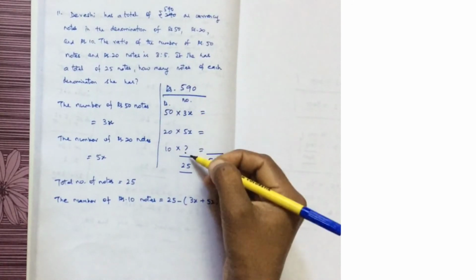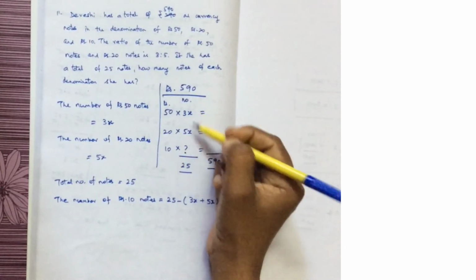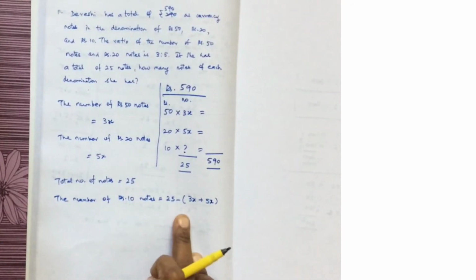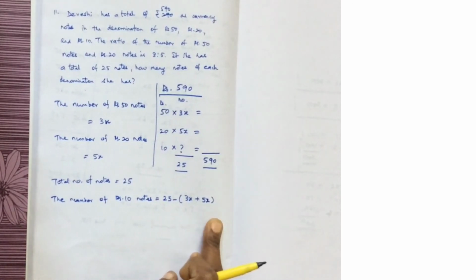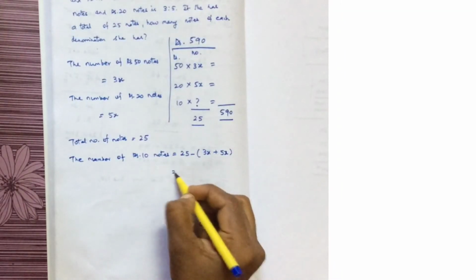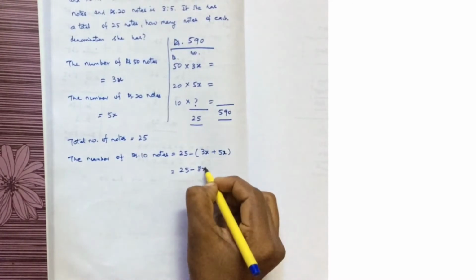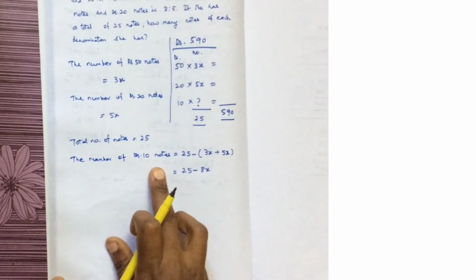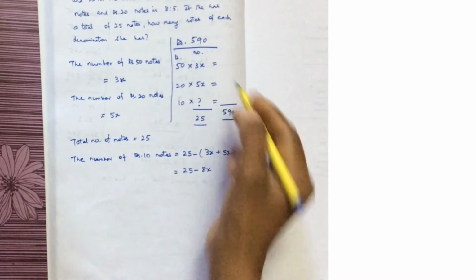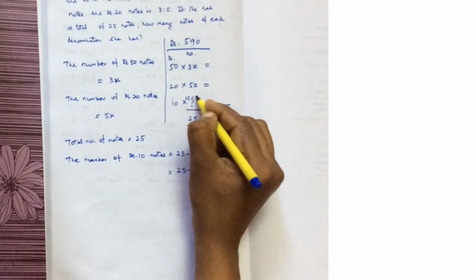Add this and subtract from 25. That is equal to 25 minus 8x. The number of 10 rupee notes is 25 minus 8x. So here it should be 25 minus 8x.